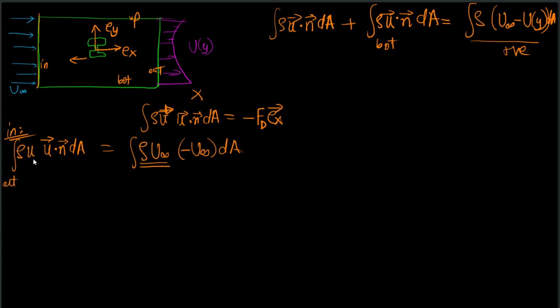At the outlet, what will be this expression? It will be rho u as a function of y times u as a function of y dA. As simple as that. There's nothing complicated in this. What about the top surface and the bottom surface? It will be the integral of rho. Now what is the momentum carried by the flux which is coming out of the top and bottom surfaces?